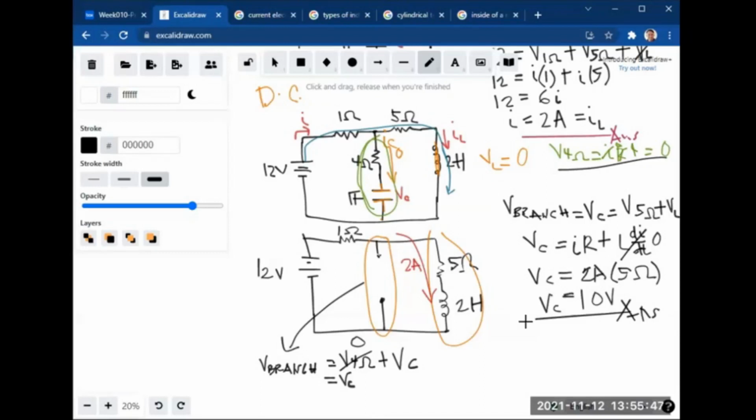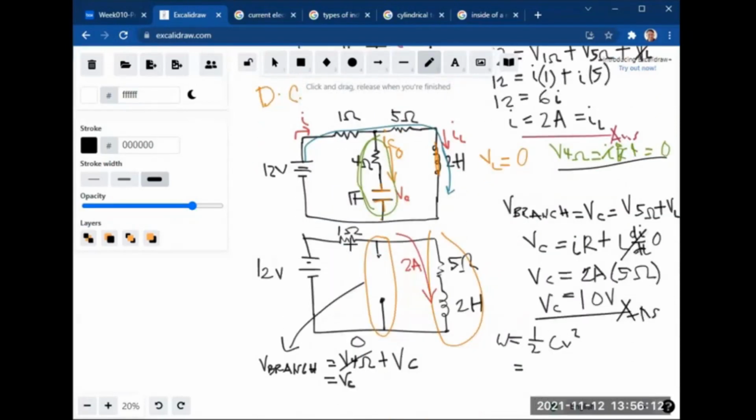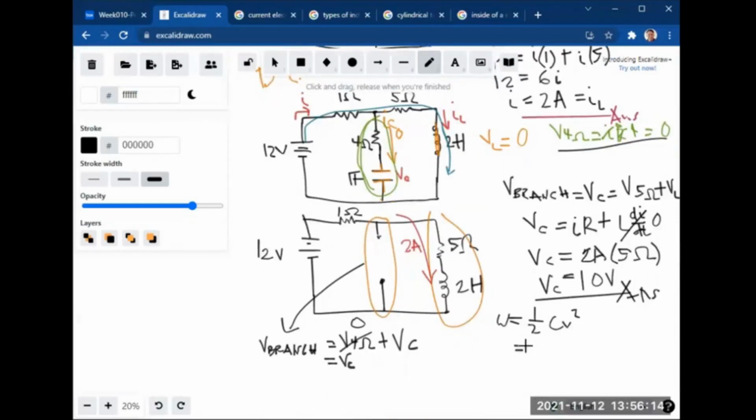What else are the questions? I think the next question is the power for both the capacitor and the inductor, or energy stored, I mean energy stored. So energy stored, W, is equal to, for the capacitor, 1/2 C V squared. Okay, so we will write this one. What is the value of C again? 1 farad. Yep. So 1/2, 1 farad, times V squared.